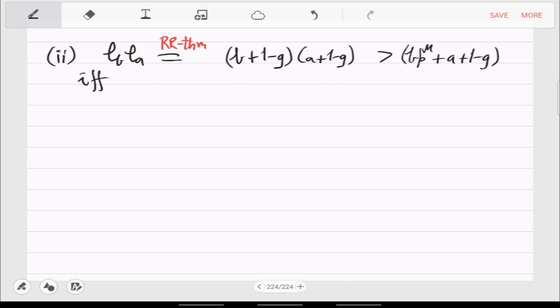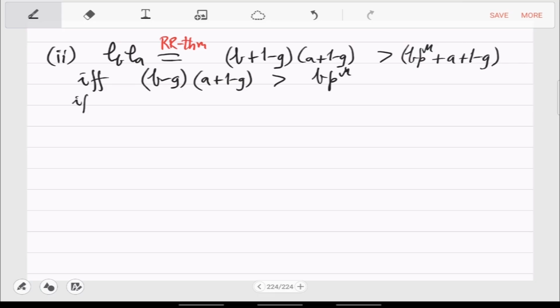So when is this greater? So that's another sequence of calculations. So when B minus G times A plus 1 minus G is greater than BP mu. Right, that's just subtraction on both sides.